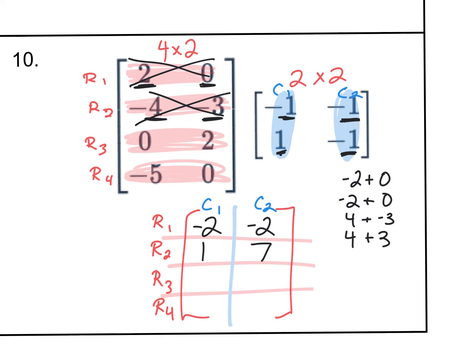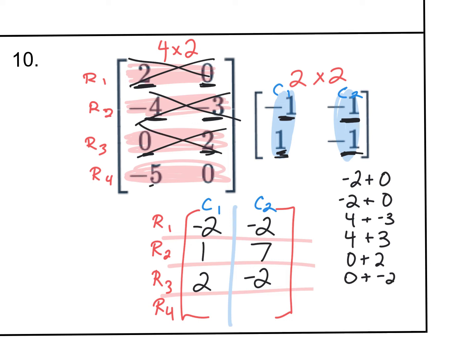All right. Moving right along to row 3. First term times first term, so 0 times negative 1 is 0 plus 2 times 1, 2, so 0 plus 2 is 2. 0 times negative 1, 0, and 2 times negative 1, so 0 plus negative 2, negative 2. Done with row 3, almost done.